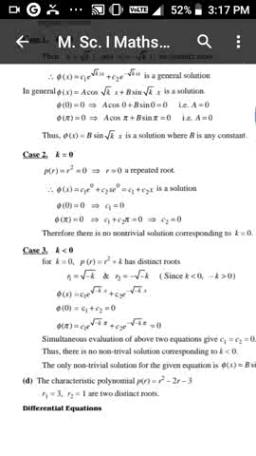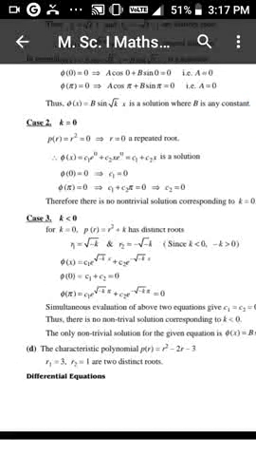Phi of pi is equal to 0 implies that a cos pi plus b sin pi is equal to 0, that is a is equal to 0. Then phi of x is equal to b sin of root kx is a solution, where b is any constant.